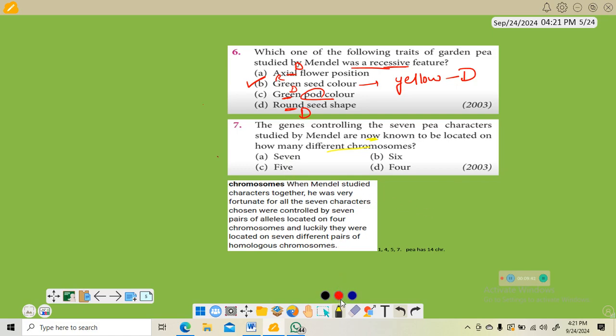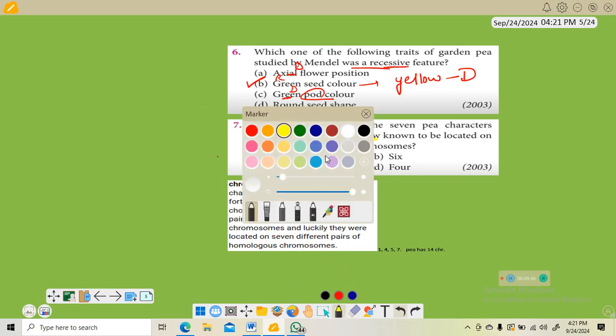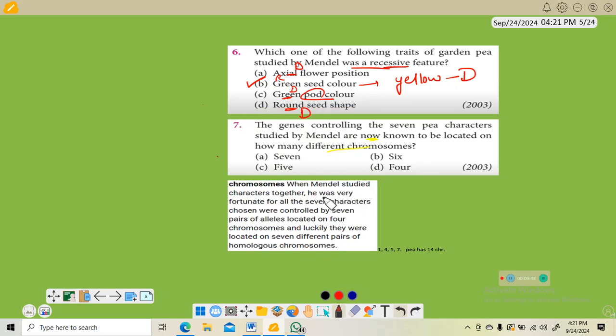But here it is given that when Mendel studied characters together, he was very fortunate. 7 characters were chosen, so they were located on 7 different pairs of homologous chromosomes.